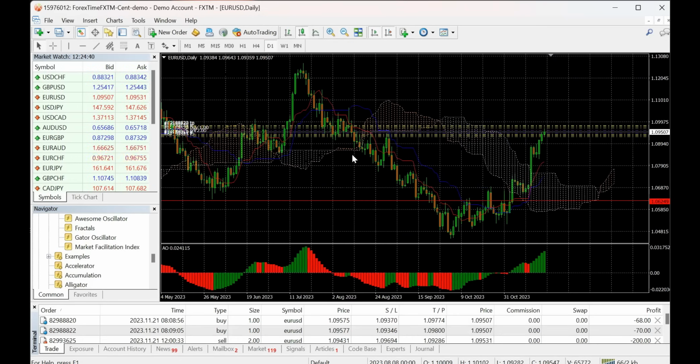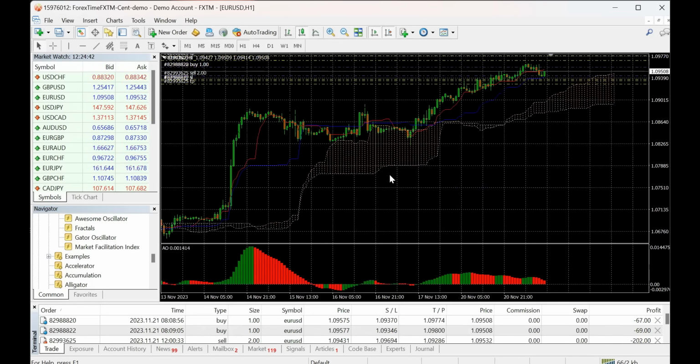Let me put it to 1 hour. This region, what does it indicate where my mouse is? So depending on your trading style and how you're trading the Ichimoku strategy, if you look at this region, the Ichimoku cloud forms way ahead of the candlestick itself.